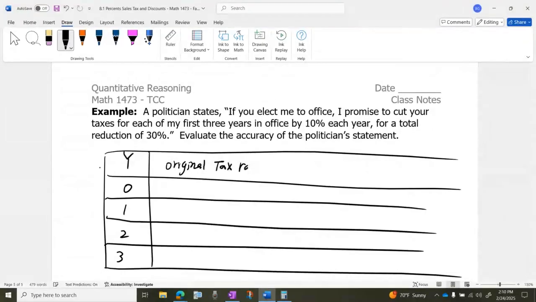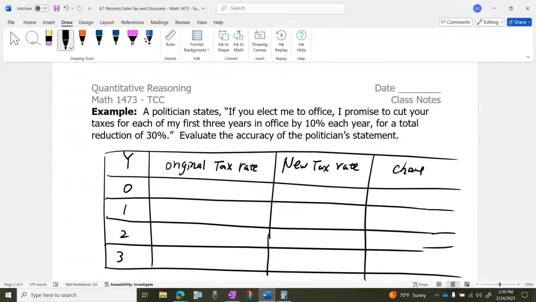That is the original tax rate and the new tax rate, and this is the change. Let me see how we organize this. How about let's just do original tax, new tax and change. So originally, let's say you pay $100. Before the politician took office, you're supposed to pay $100 tax.